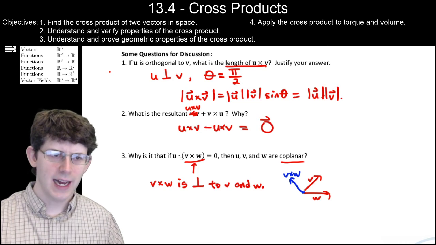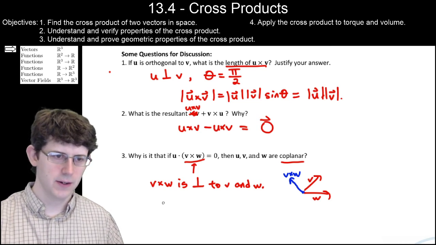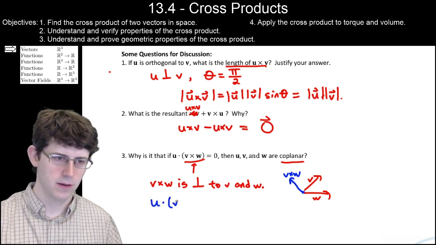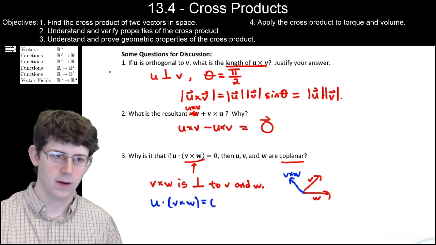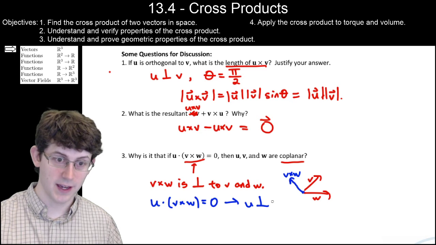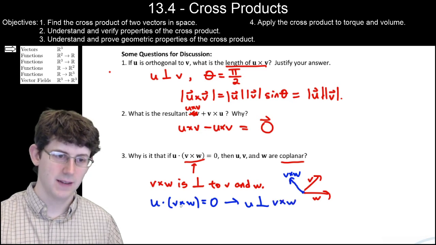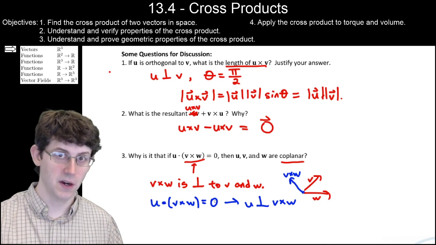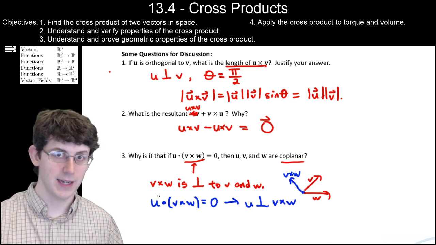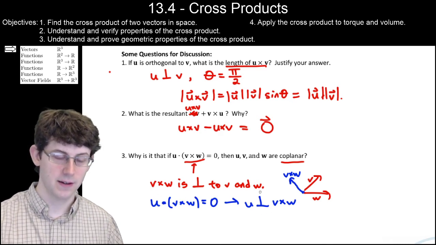If u dot v cross w equals 0, that means that u is perpendicular, it's orthogonal, to v cross w. This is the point of section 13.3, that if a dot product is 0, the two things that you dotted were orthogonal to each other.